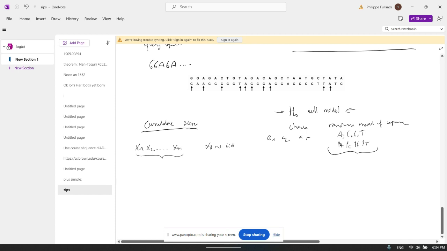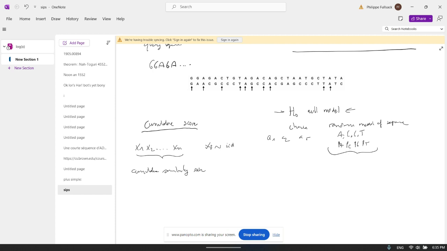What we want to do is analyze the cumulative similarity score.